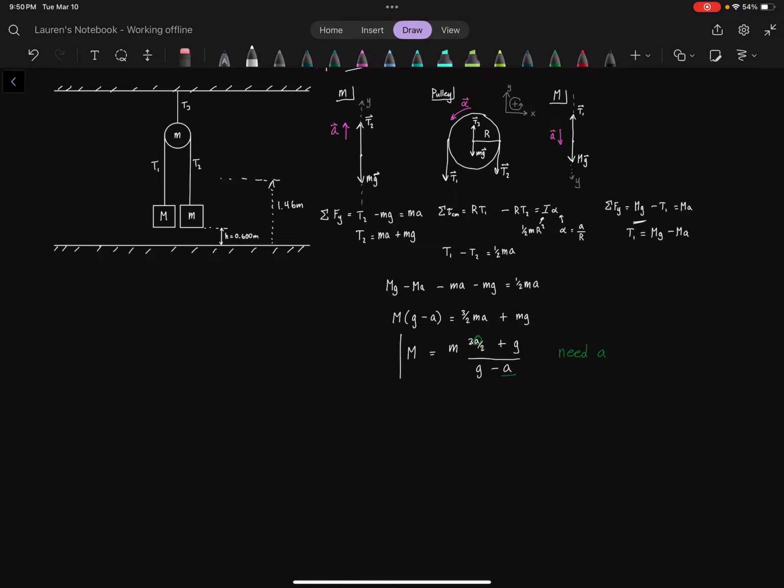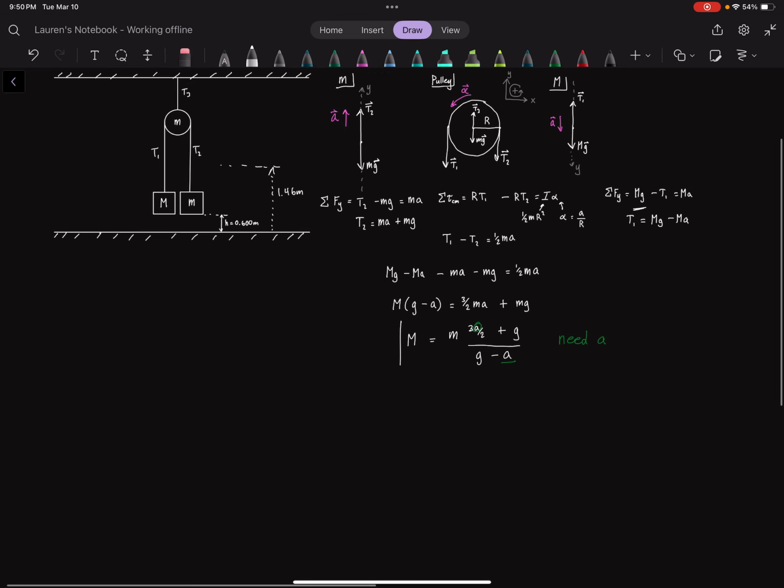In other words, we have one equation with two unknowns, yeah? So more information: we know the final height is 1.46, right? And this really comes in two stages. There's the stage where the big block is falling and there's tension pulling the little block up. And then the next stage where there's just gravity as an acceleration pulling it down.